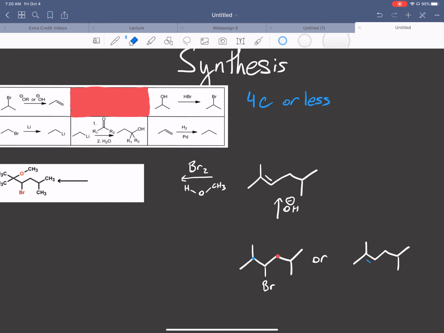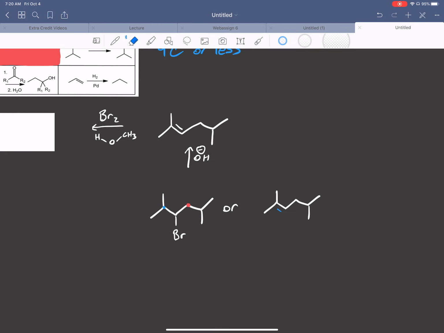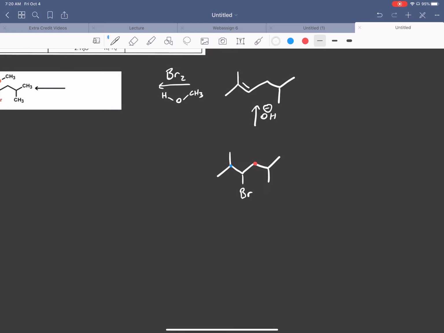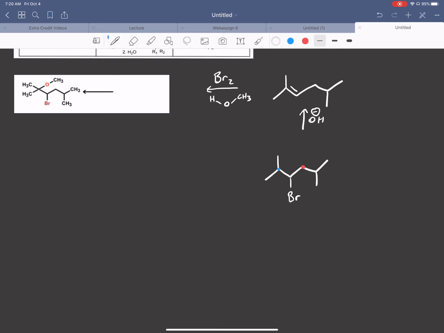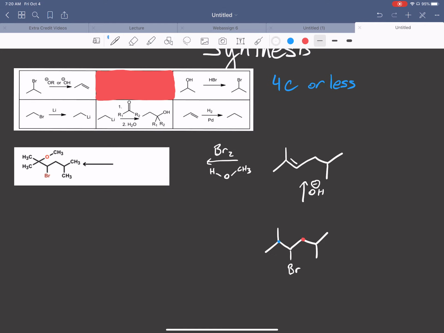And so you want to make it as easy as possible for yourself and do a synthesis in as few steps as possible, because no one wants to sit there doing a 20-step synthesis, okay? And so we have our Br here. Now what's the next step? Okay, in our toolbox it says HBr. We just put an OH going back. Okay, cool. And now we have our cut step.